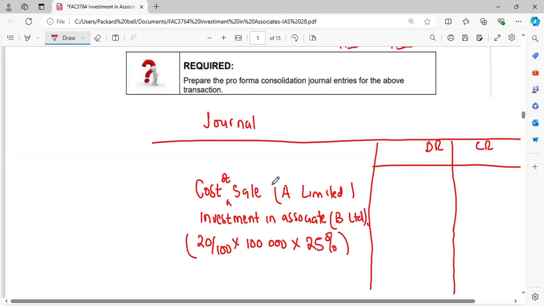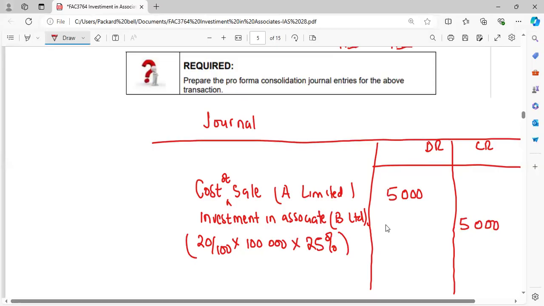We only eliminate to the extent of the investment in the associate. So how much are we going to eliminate there? 5,000. We're going to eliminate 5,000.